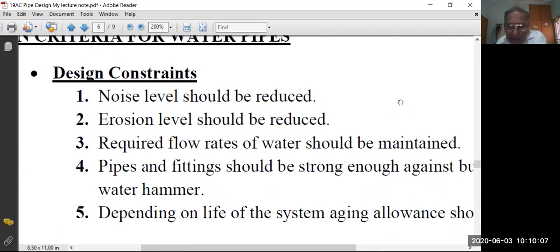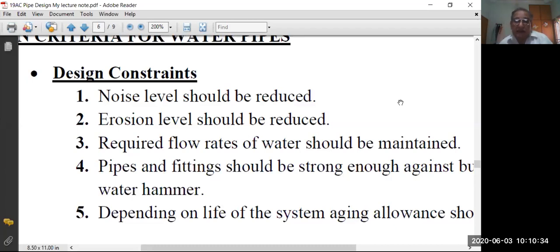Now, mechanical engineers, or any other engineer who is designing a system to work, has to fulfill various requirements, but these requirements are contradicting. If you fulfill one requirement, that's good, but it may contradict another requirement. So you have to step back from that requirement, go back and make some compromise. That is called design constraint.